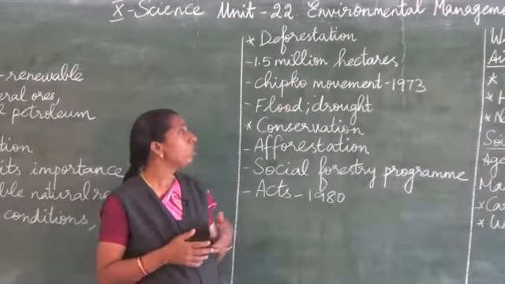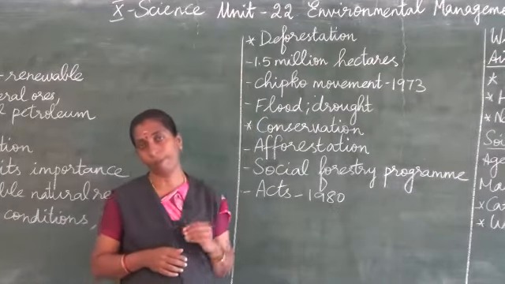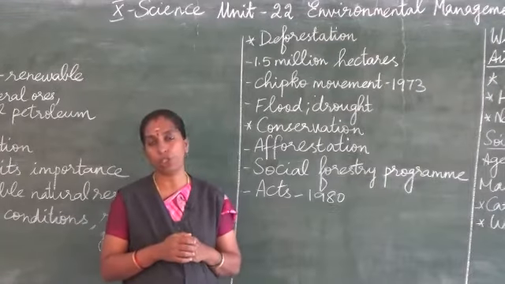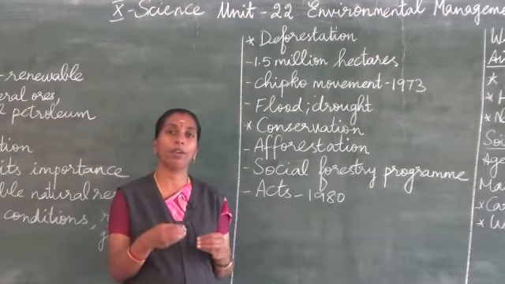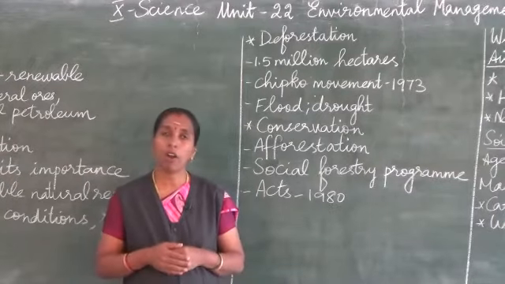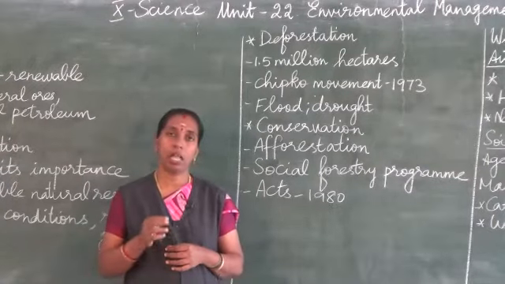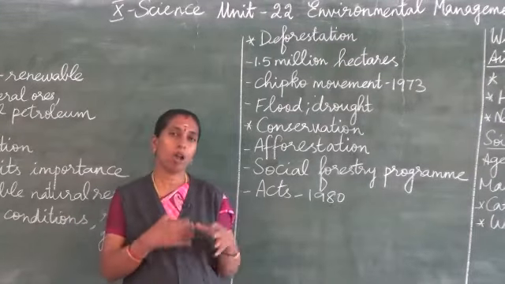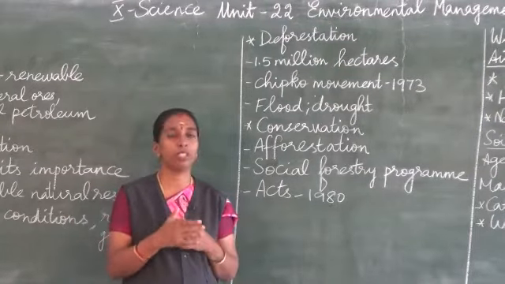Okay, now, what are the effects of deforestation? You know already, I need not repeat everything. What is deforestation? Deforestation is the removal of trees due to urbanization. For what purpose do they cut the trees?